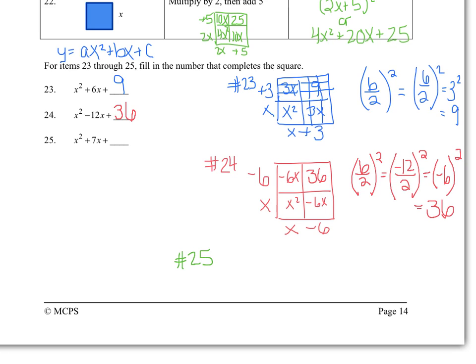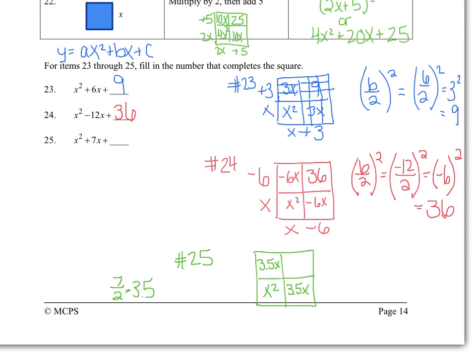Finally, for number 25, this is a little bit harder because b is an odd number. However, I'm still going to make my box. I'm still going to start with my x squared, and then I'm going to take my 7x and divide it in half. Well, 7 divided by 2 is 3.5, so I'm going to have 3.5 x's here and 3.5 x's here.